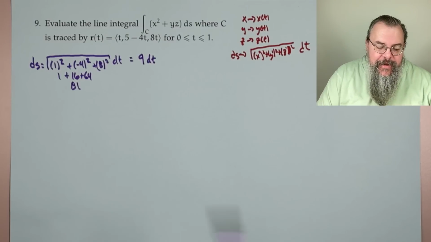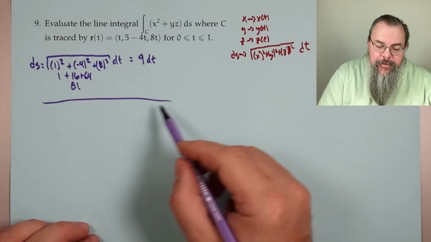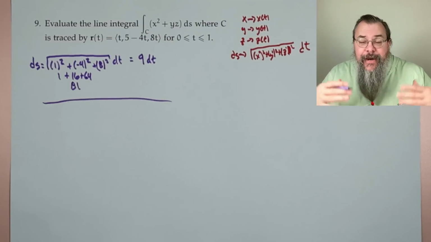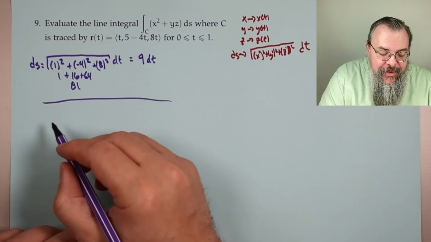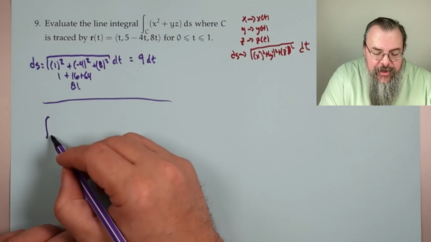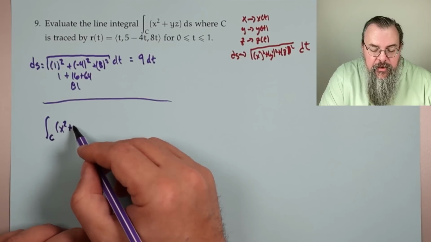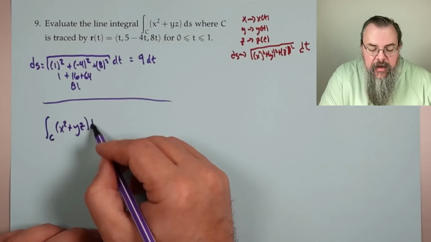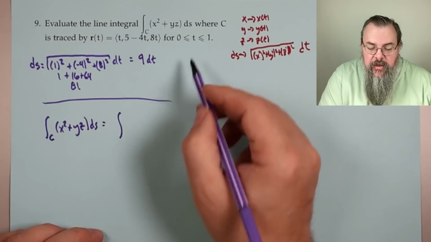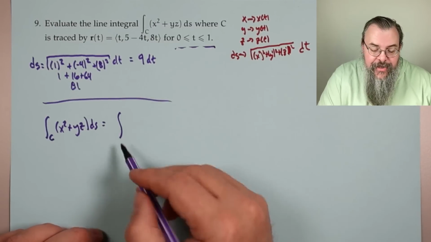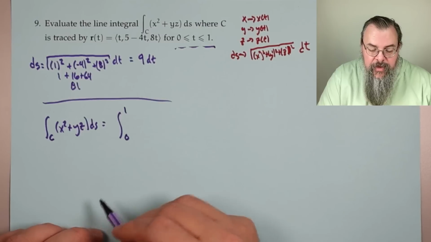Good. Okay. Whew. All right. So that's going to make it a little bit easier because we're not going to have anything unpleasant underneath the square root. So here we go. The integral along our curve of our x squared plus yz ds is going to be the integral, use the bounds, 0 to 1.